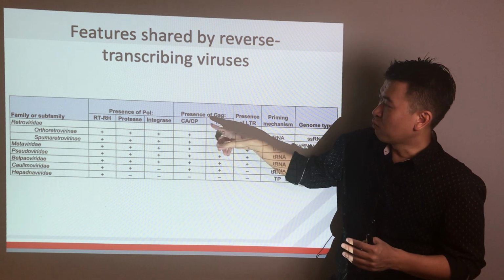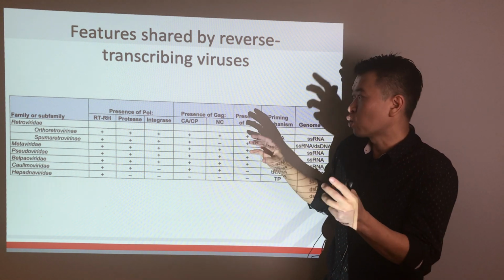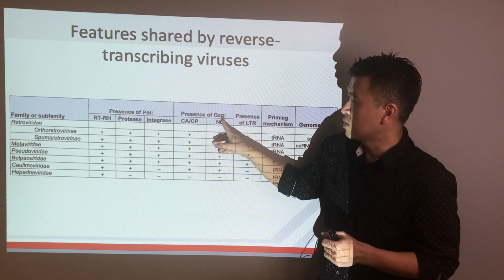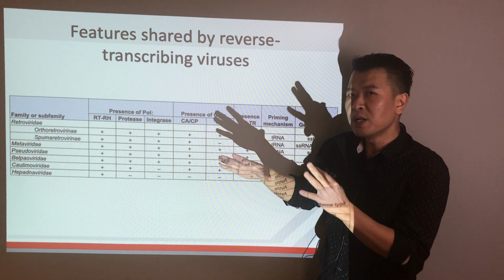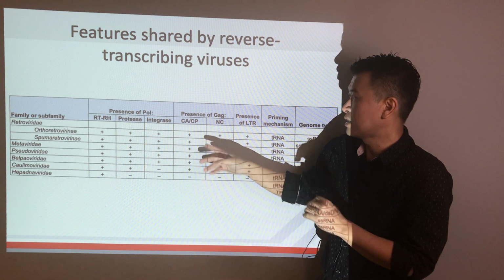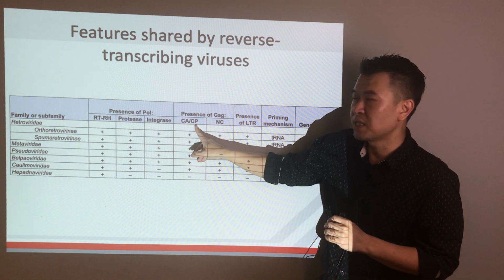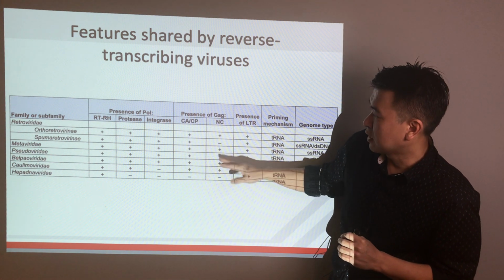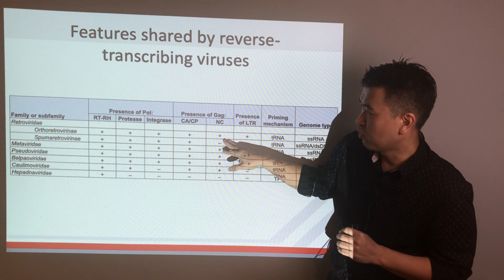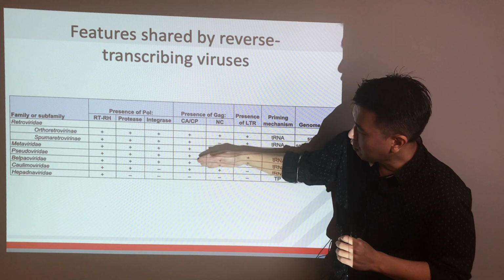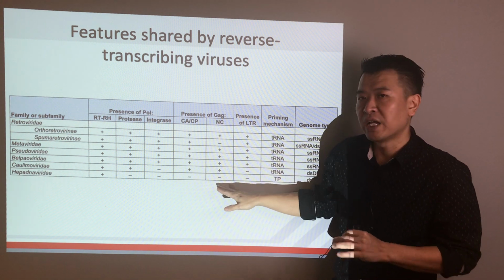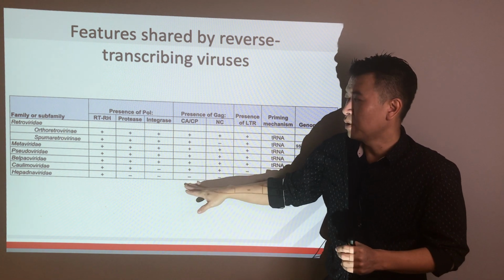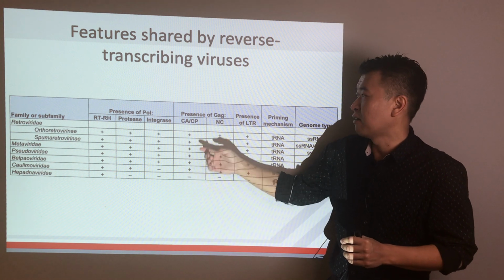Also, look at the GAG gene, the group-specific antigens. The common group of viruses have the capsid protein or nucleocapsid. In this group, all of them have it except for Spumaretrovirinae. But all of them have this, except Hypanaviridae. That is not to say that Hypanaviridae doesn't have a capsid.